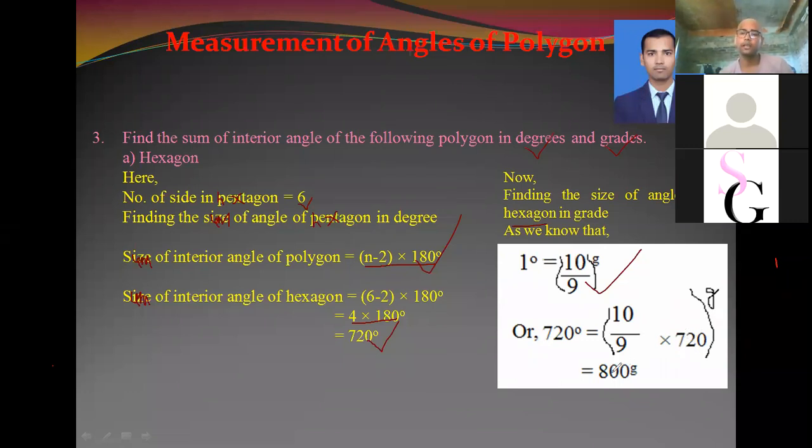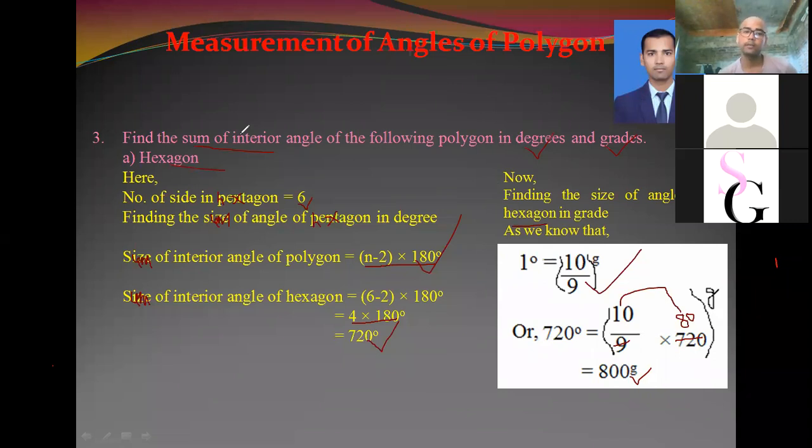After cancelling 9 and 72, we get 8 nines are 72 and 0. After multiplying 10 and 80, we get 800, which is the required answer in grade. So the sum of the interior angles of a hexagon is 800 grade.